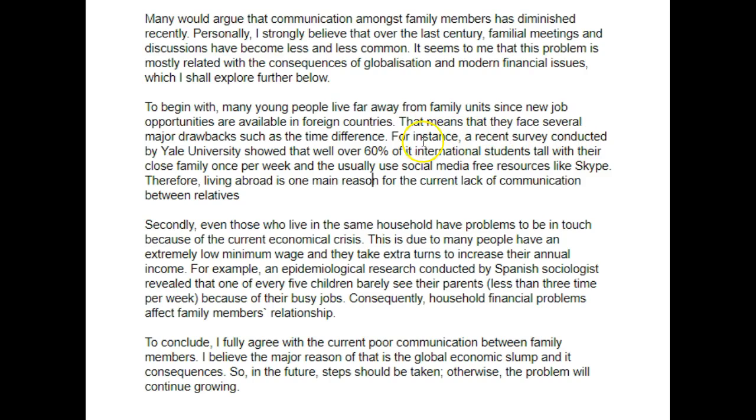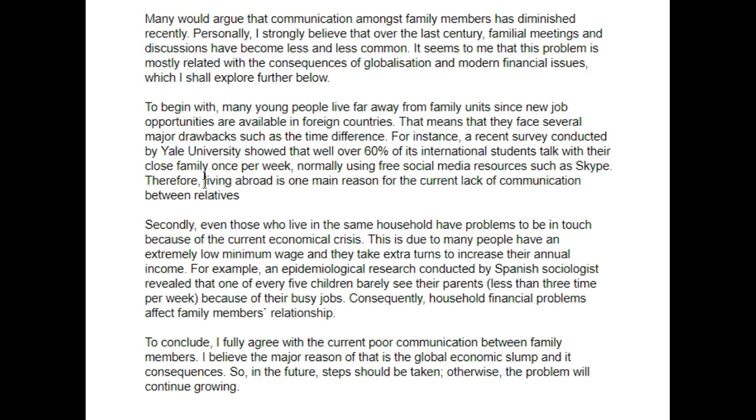For instance, a recent study conducted by Yale University showed that well over 60% of its international students talk with their close family once per week. We could add a comma here and say normally using social media, free social media resources such as Skype.